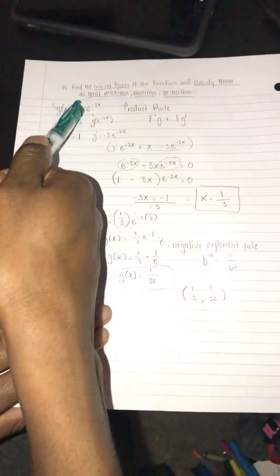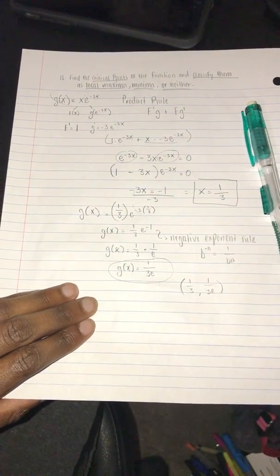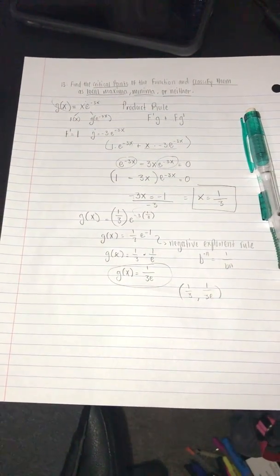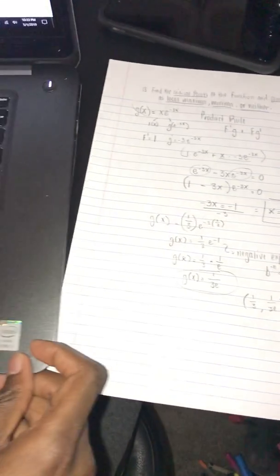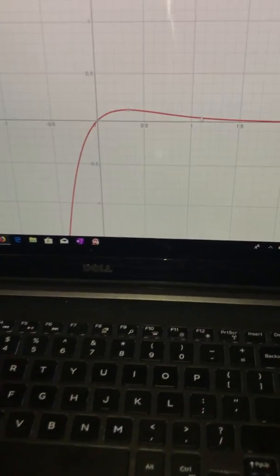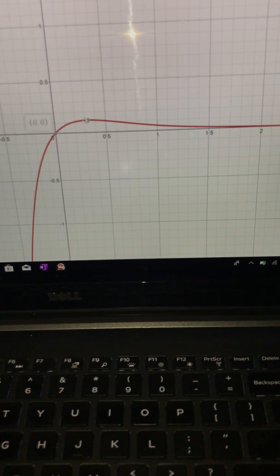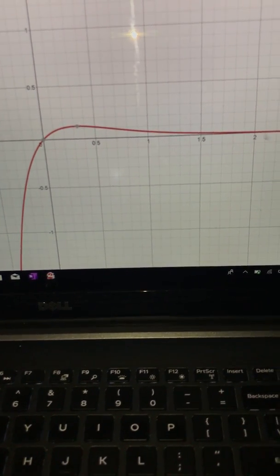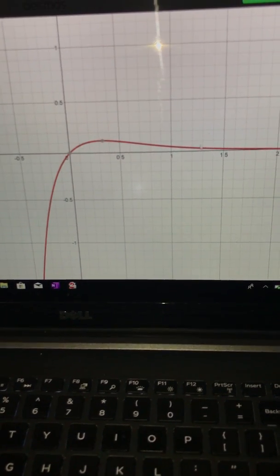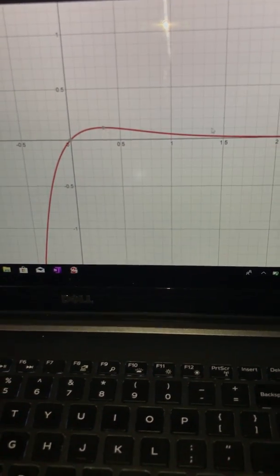Now when you take this equation and plug it into a graph, it will show you that this is the local maxima, depending on the concavity of the graph. It's concave down, so it's going to be maxima instead of a concave up.